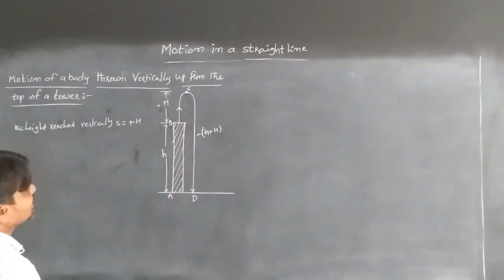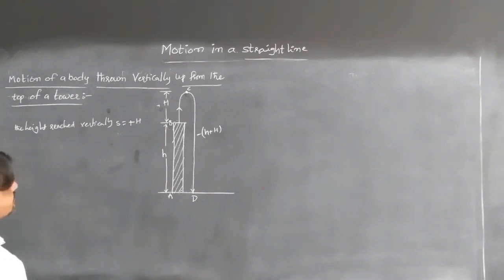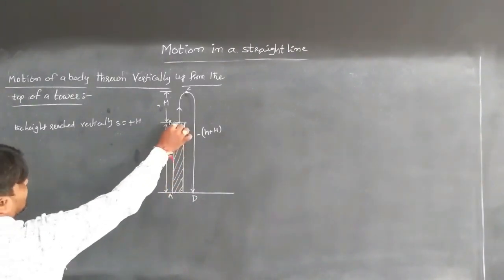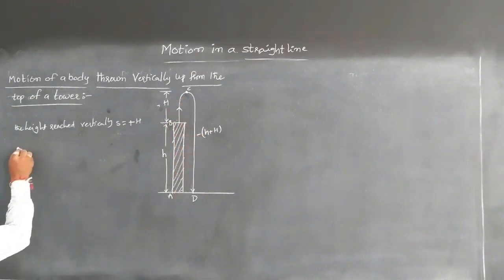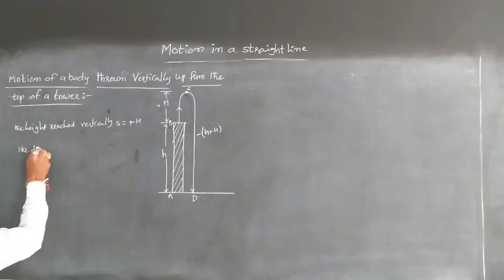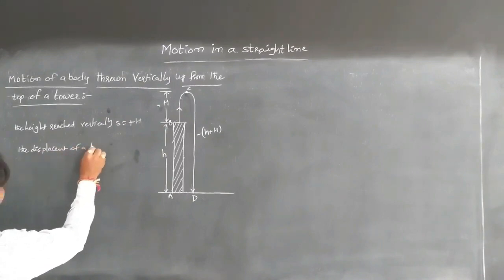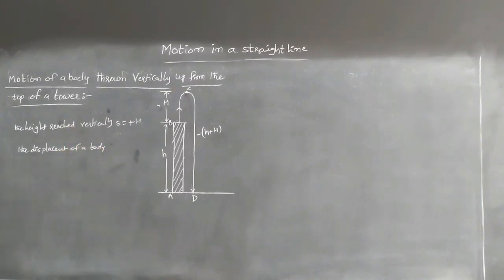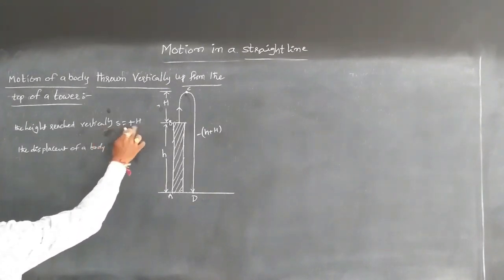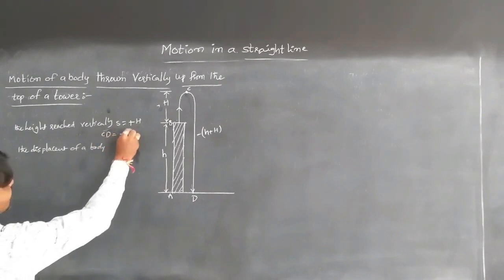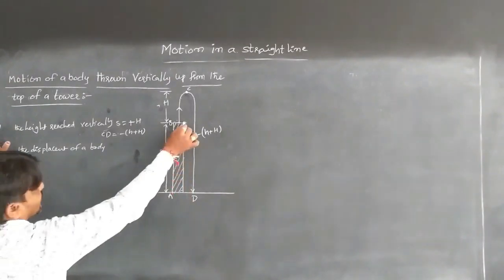Whenever the body is projected vertically upwards from the height of small h, it reaches and then falls down. Here we can say that BC is equal to plus h and CD is equal to minus of h plus h. Then the total displacement will be from B to D.